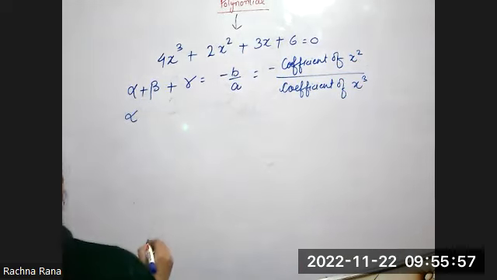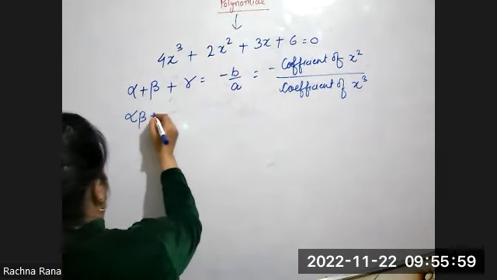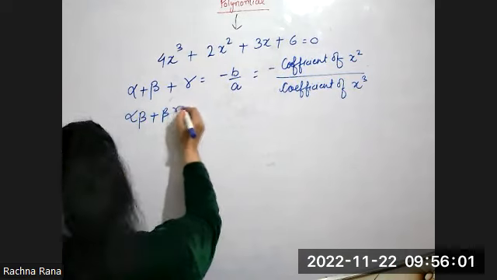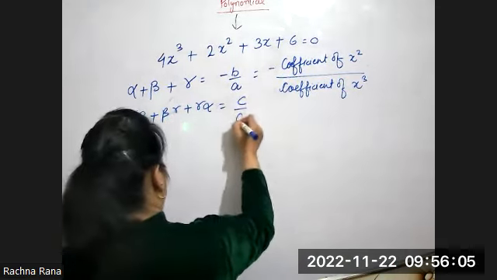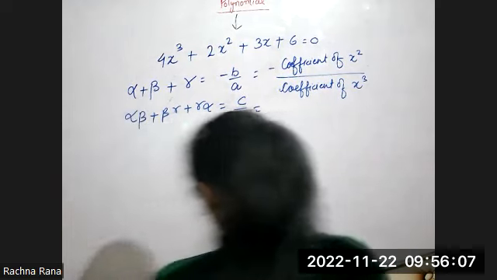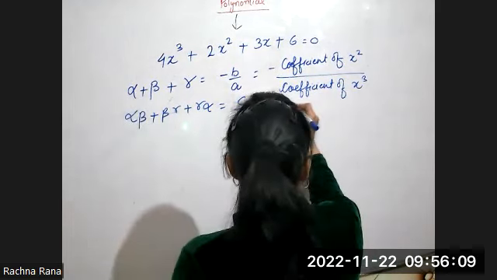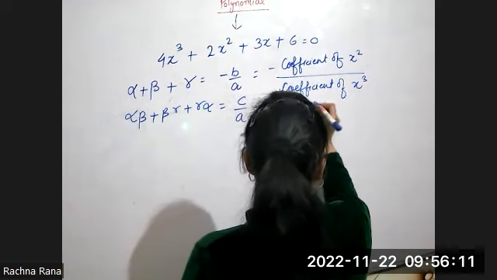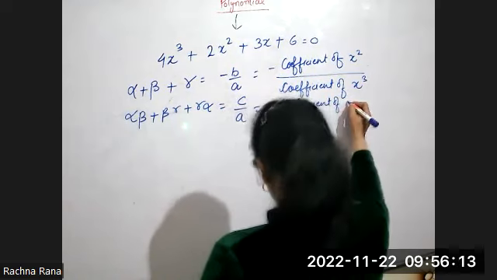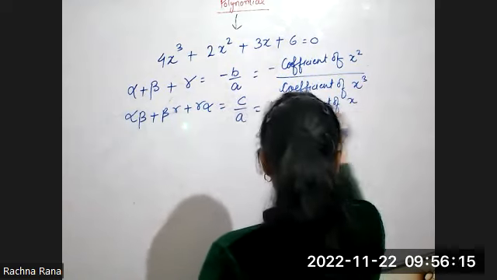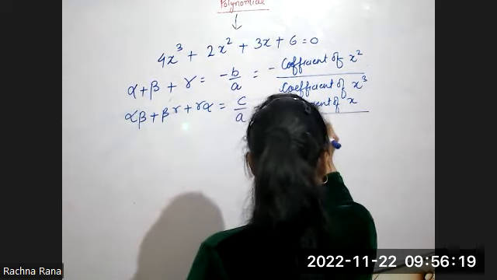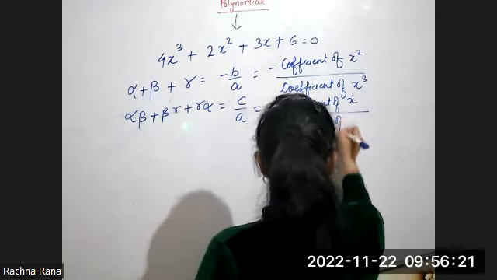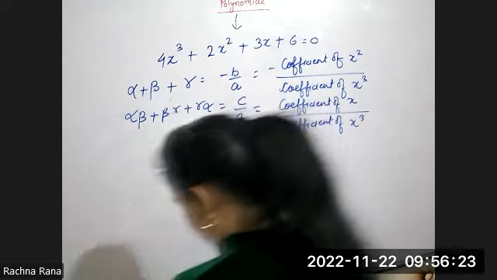Second, alpha beta plus beta gamma plus gamma alpha is equal to c over a, and its formula will be coefficient of x over coefficient of x raised to power 3.